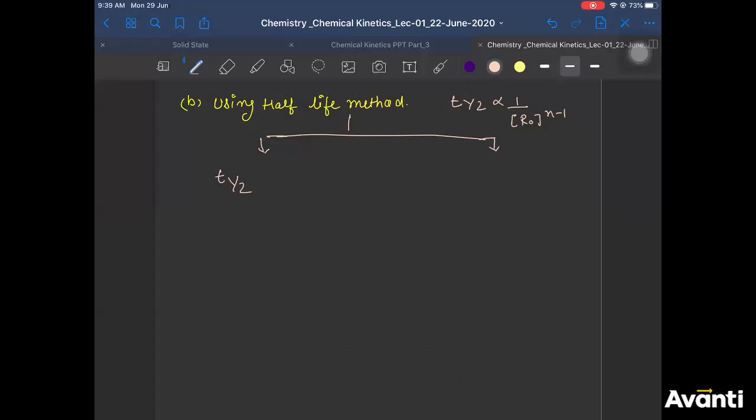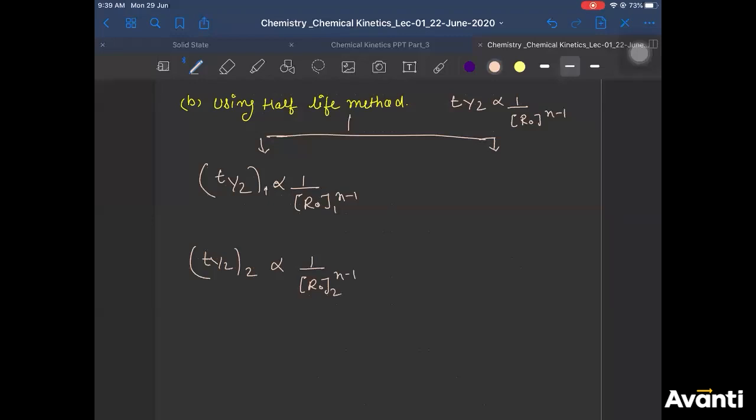From using this, I can make two equations. Let us say t half 1 will be proportional to initial concentration 1 power n-1, and t half 2, the second t half, will be proportional to second initial concentration power n-1.